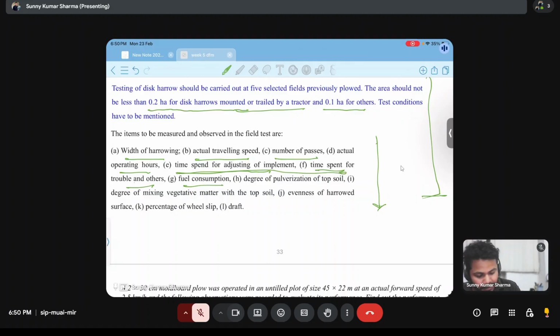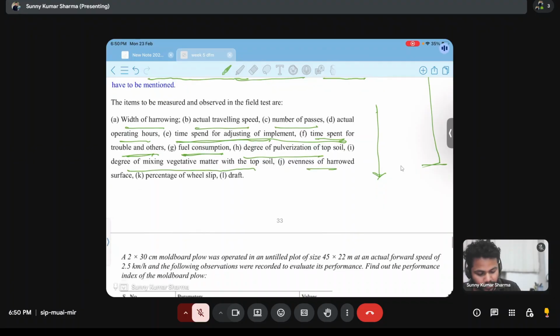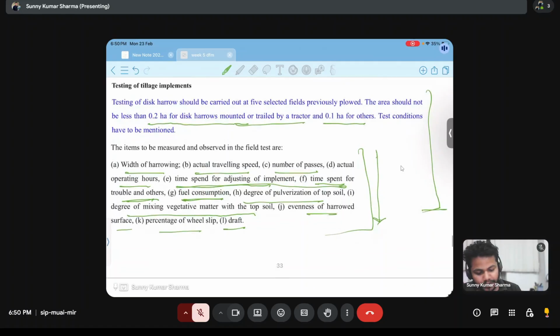These times will come under actual field capacity. Then degree of pulverization, degree of mixing of vegetative matter, evenness of the harrowed surface, percentage of wheel slip, and draft. These 10 to 12 parameters need to be considered while doing the performance evaluation of the implement.